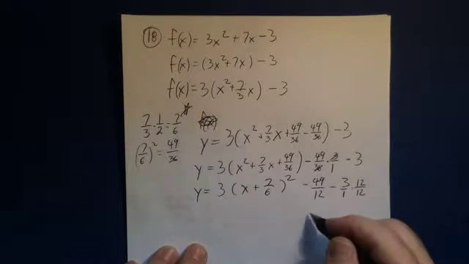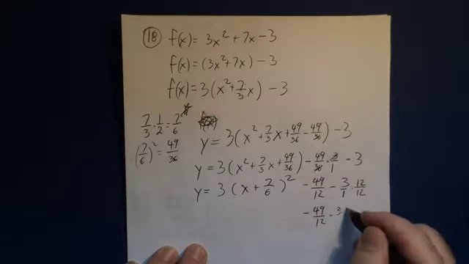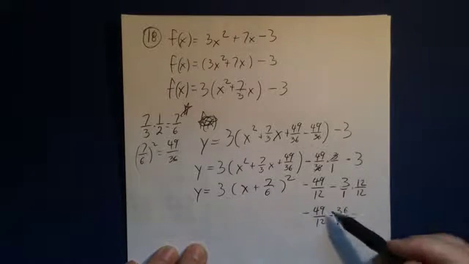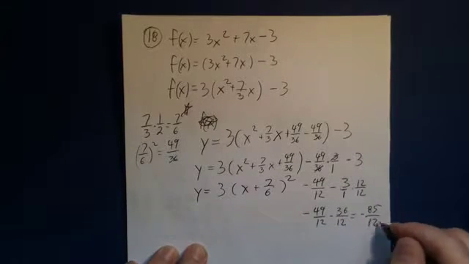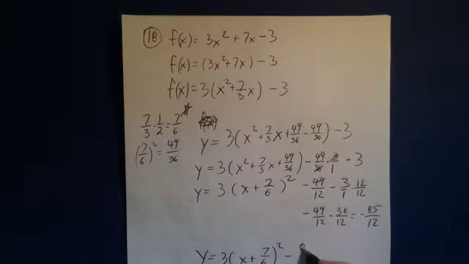So this is going to give us negative 49 over 12 minus 36 over 12. That's going to produce for us negative 49 minus 36, which is negative 85 over 12. And you can leave that as just negative 85 over 12. You don't have to rewrite that as anything else. So we can write y equals 3 times x plus 7/6 squared minus 85 over 12.